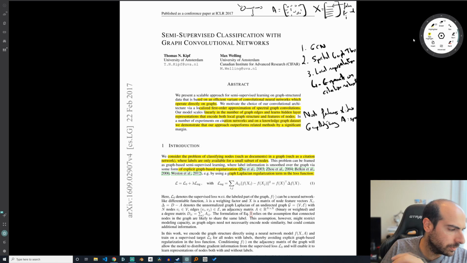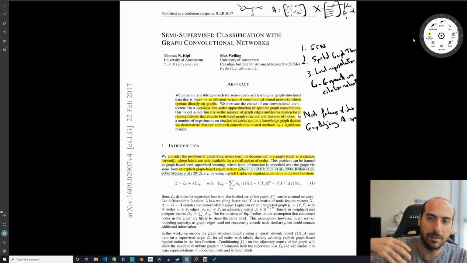It's via some form of matrix multiplication between A and X that we're able to make some sort of prediction on nodes for which we do not have a label.